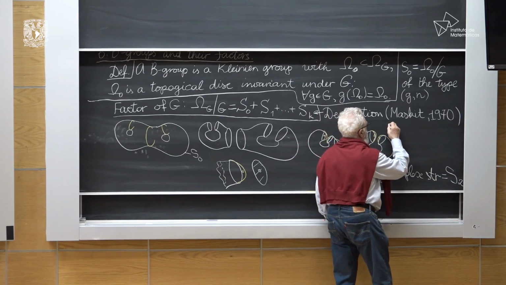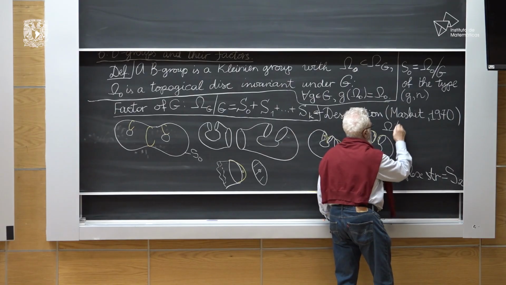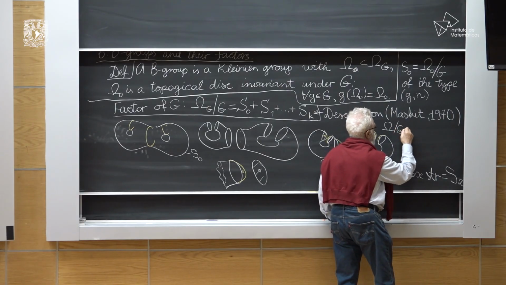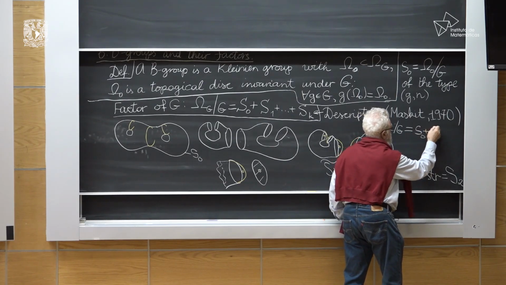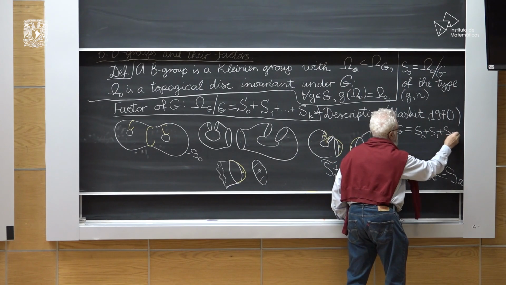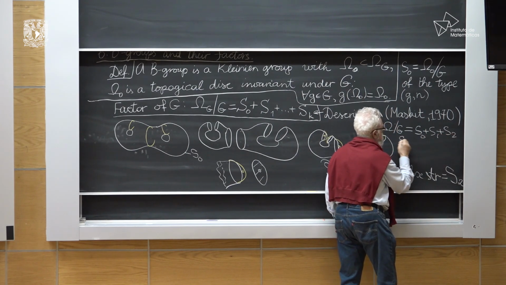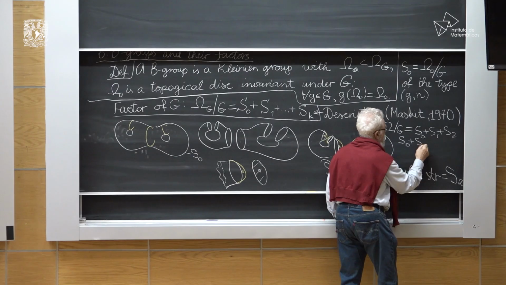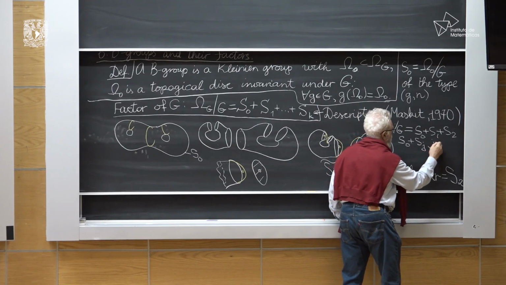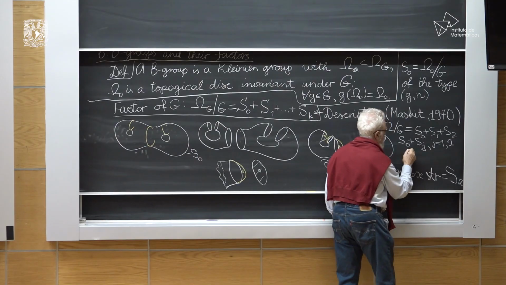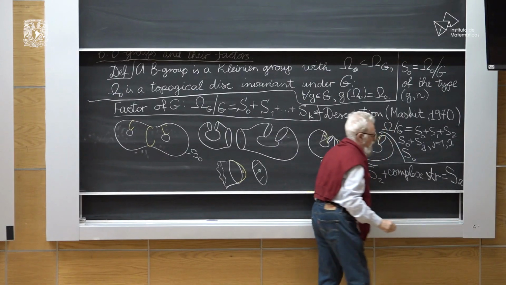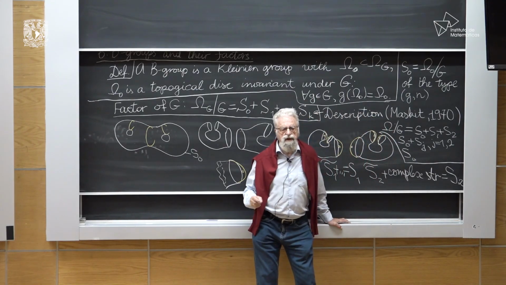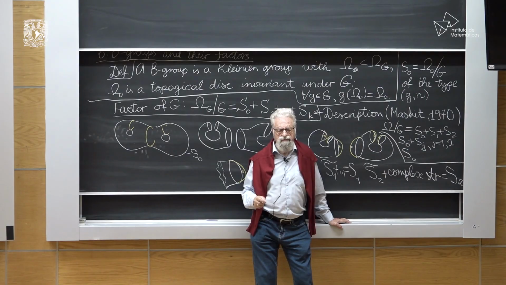So the factor of G, this is the Maskit theorem, is either S0 plus S1 plus S2, or S0 plus one of them, or S0 only.